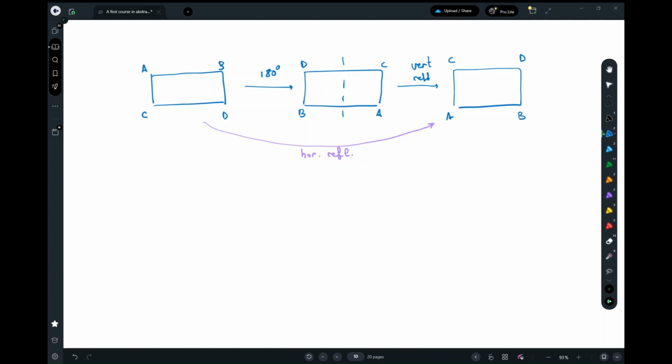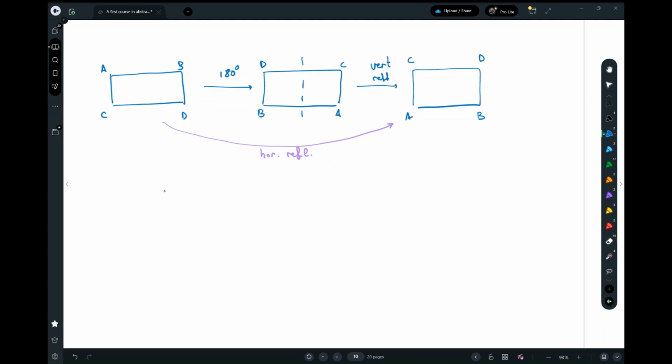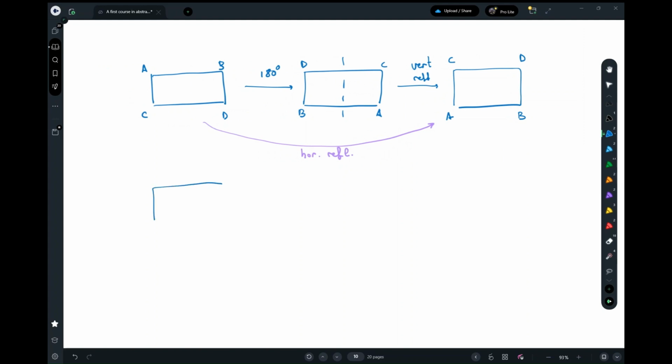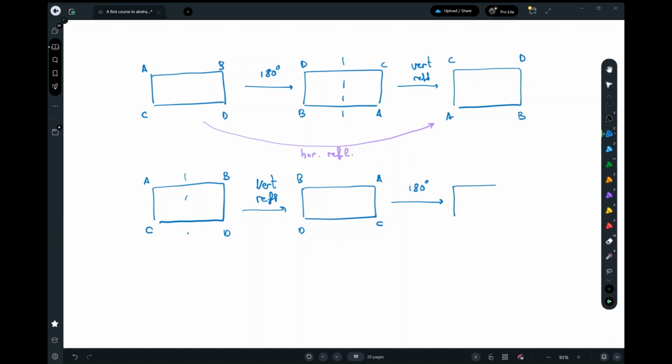But let's see what happens if I do it in the opposite order. I'm going to do first the vertical reflection. If I do the vertical reflection, then I get A and C and B and D. And then I'm going to apply 180 degrees.